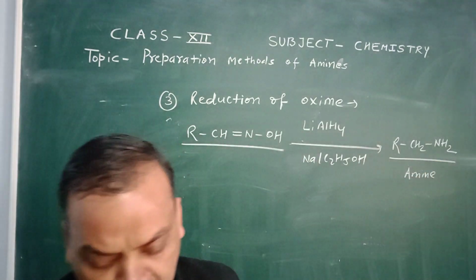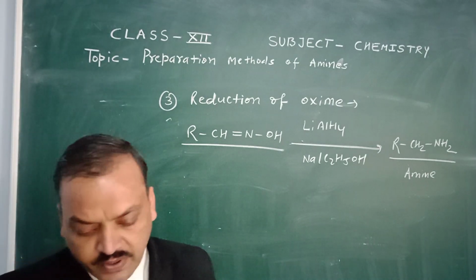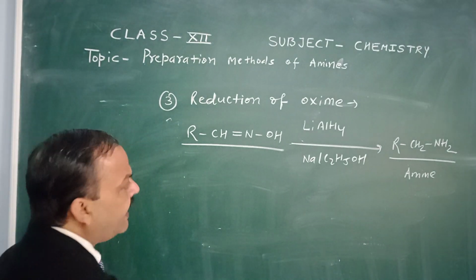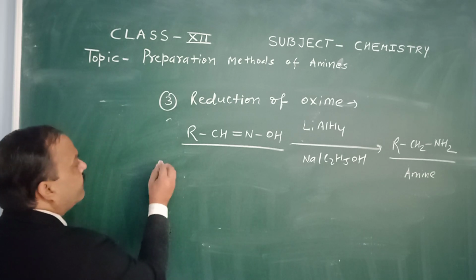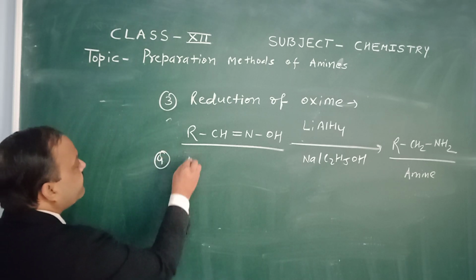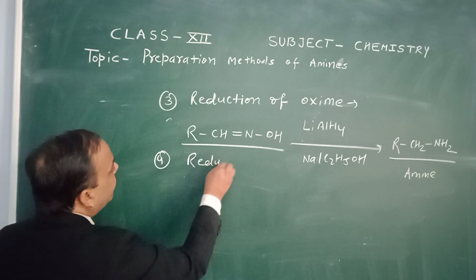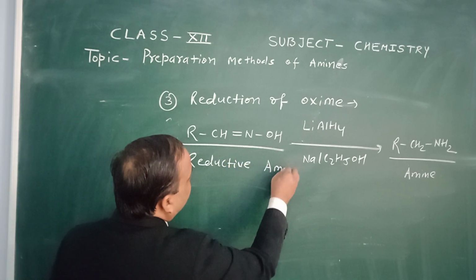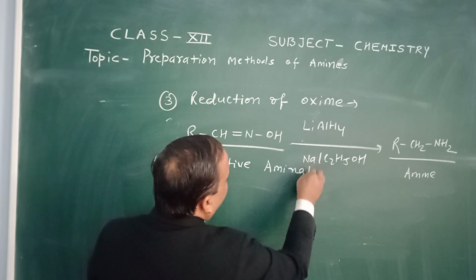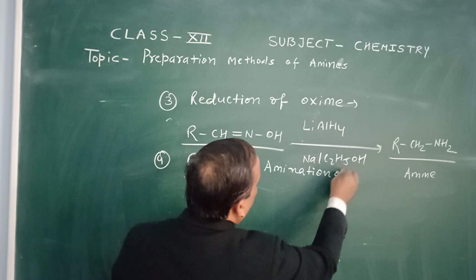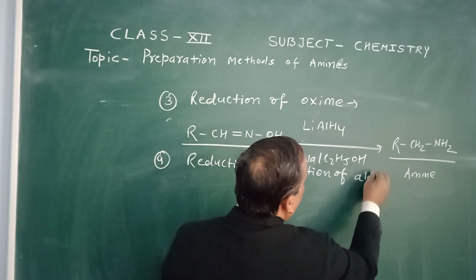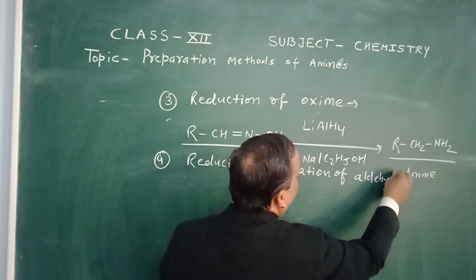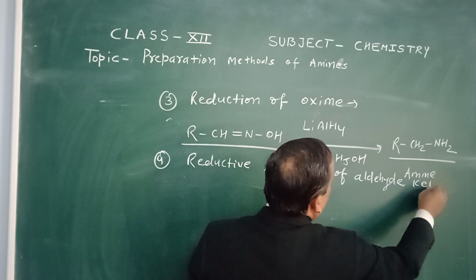After this, the fourth method is reductive amination of aldehyde and ketone.